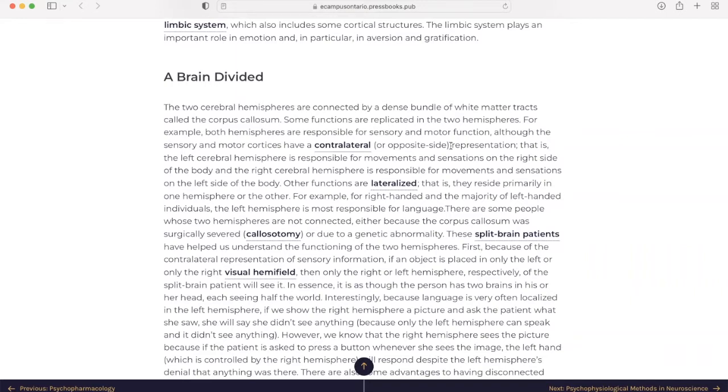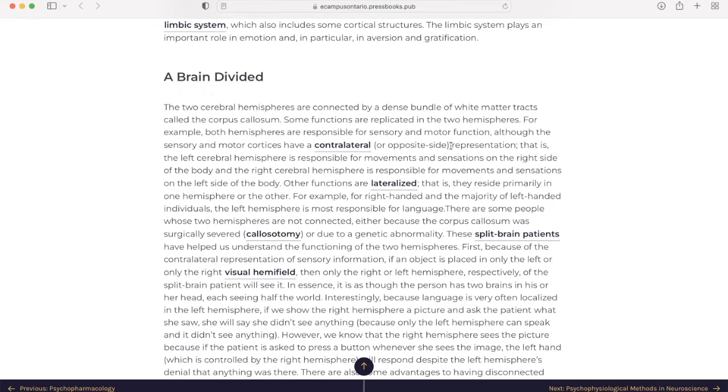or have had the surgery, it's really quite fascinating because of the contralateral representation of sensory information. If an object is placed in only the left or the right visual hemifield, then only the right or the left hemisphere, respectively, of the split brain patient will see it.